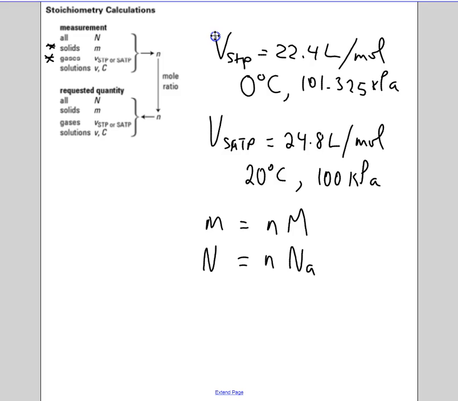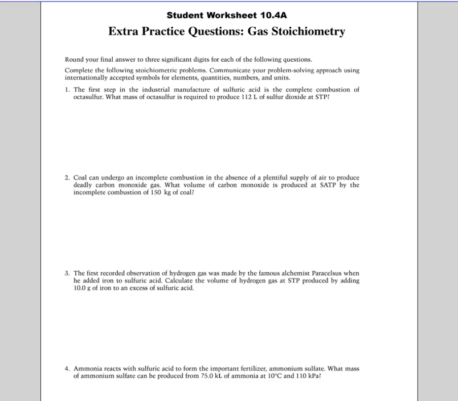So let's look at the general process here. Is for a particular question, start with a balanced reaction equation, and then convert our measured or provided quantity, apply a mole ratio, and then convert our final molar amount into a required quantity.